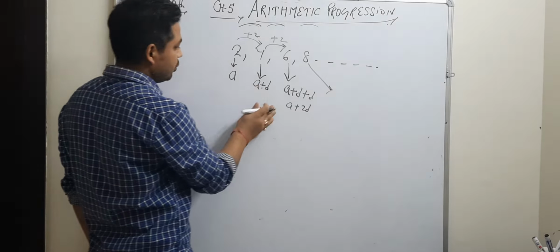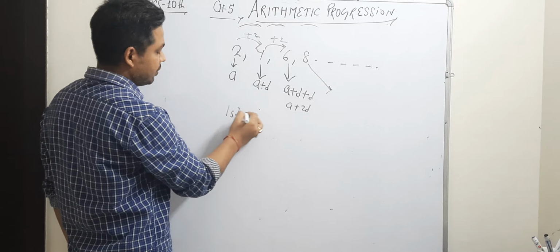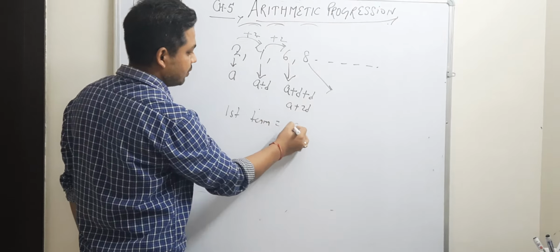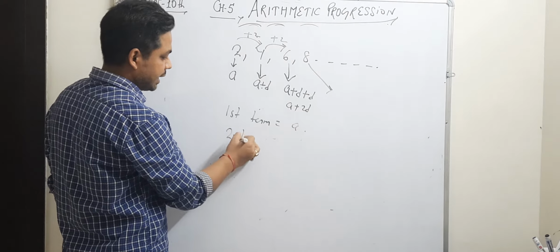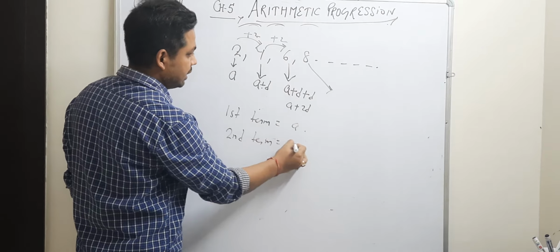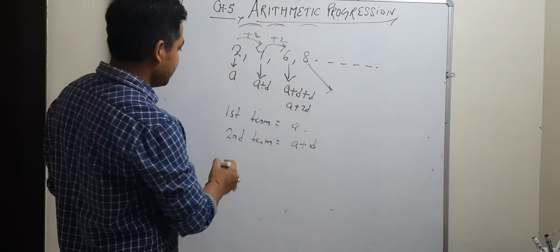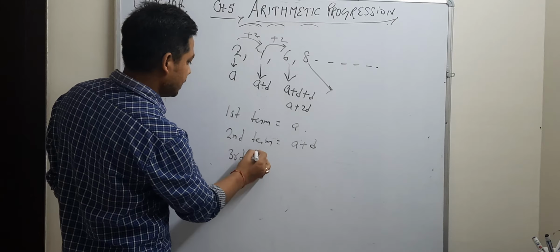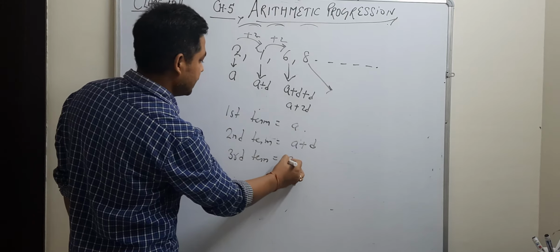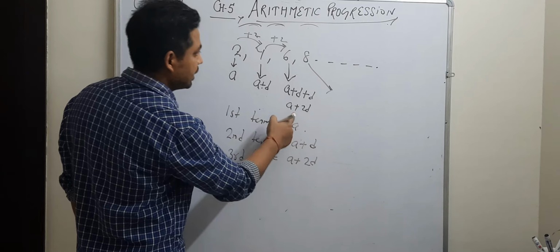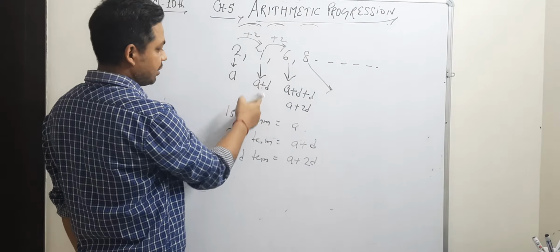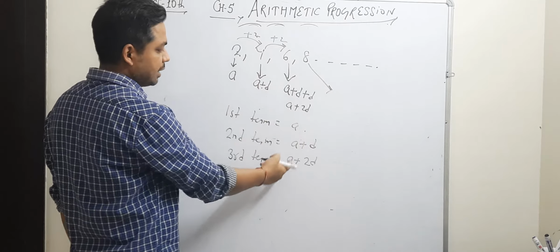Okay. So you can see that, how can we write in sequence? First term is A, second term is A plus D. Third term is A plus 2D.